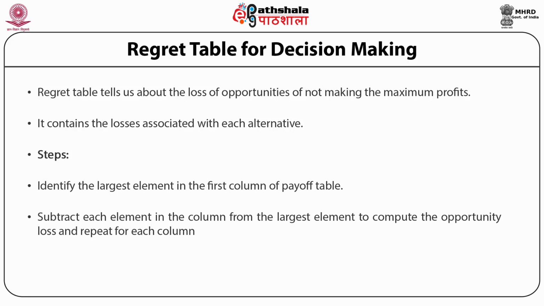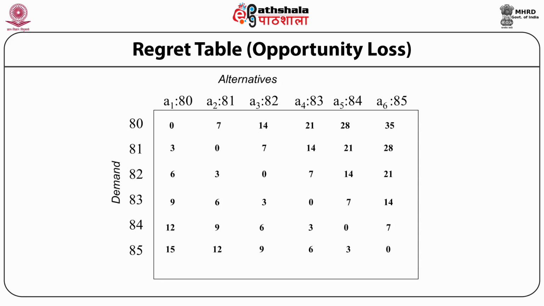In this slide you can see the way we have prepared the regret table or opportunity loss table. So again we have the different alternatives A1, A2, A3 up to A6 and various possible outcomes, that is, demand for bread equal to 80, 81, 82, 83 and so on. So for demand 82 and alternative A3, we can see the opportunity loss is 0.